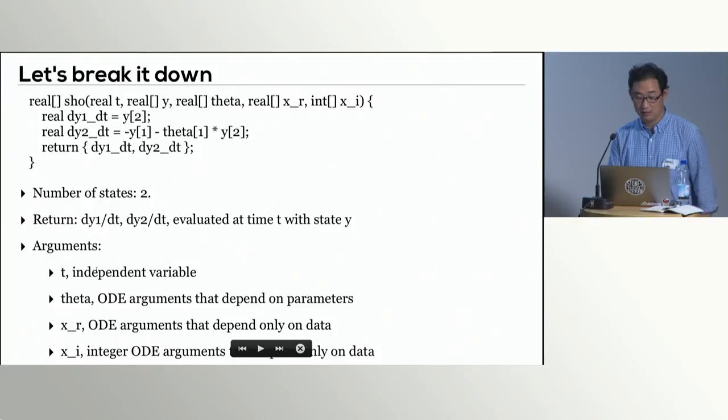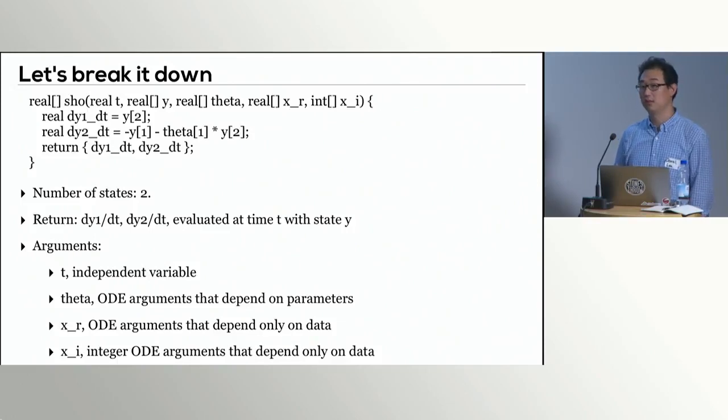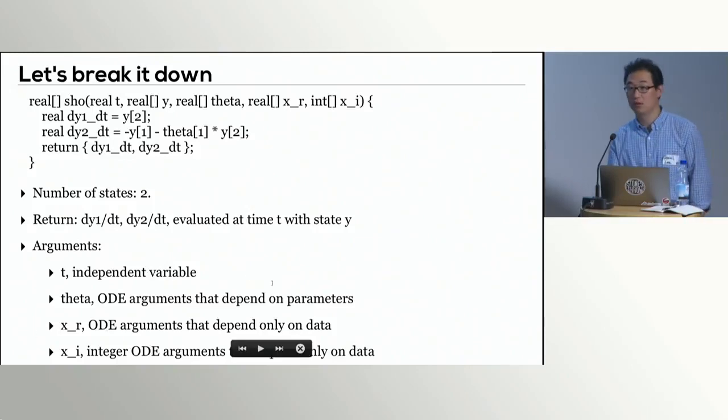The arguments are t, an independent variable, theta. So once again, these are ODE arguments that depend on the parameters, so parameters in the Stan model block. XR are ODE arguments that depend only on data, so things in the data and transformed data block. And XI is dependent only on data, since we only have integer data.